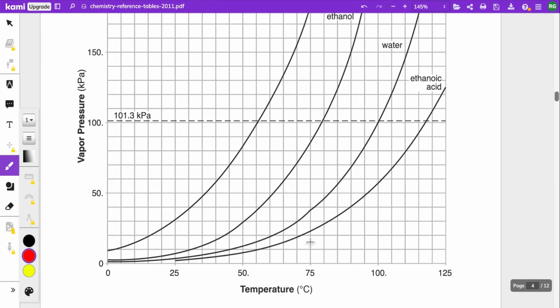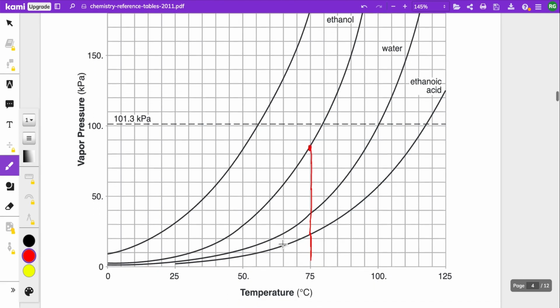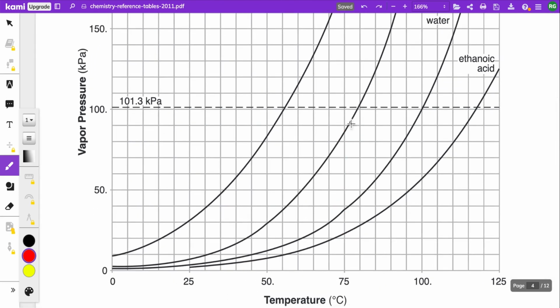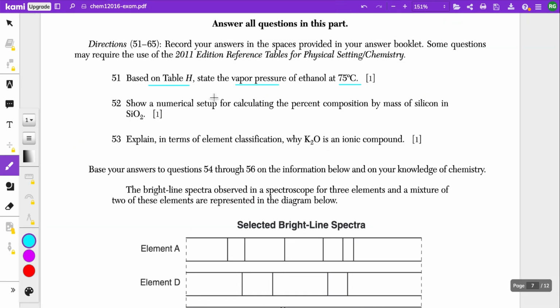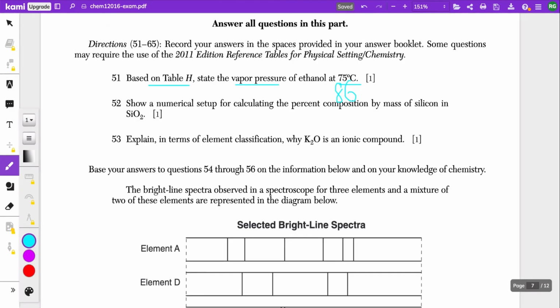At 75 degrees Celsius, right here, ethanol is approximately, if we look in this direction, 60, 70, 80, about 85. Let's say 86 just to be safe. So 86, and the units are kPa.